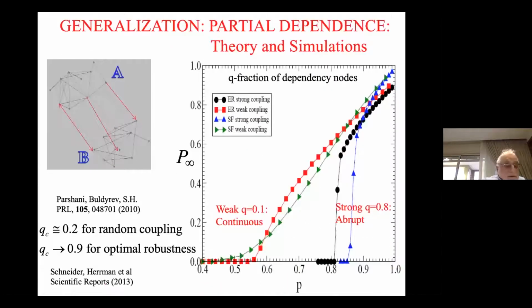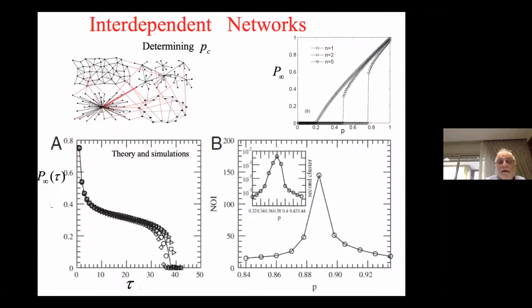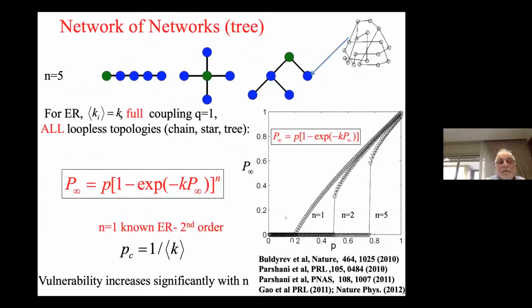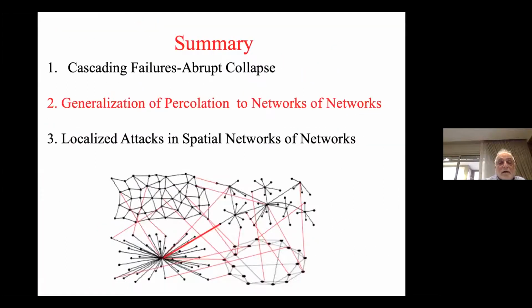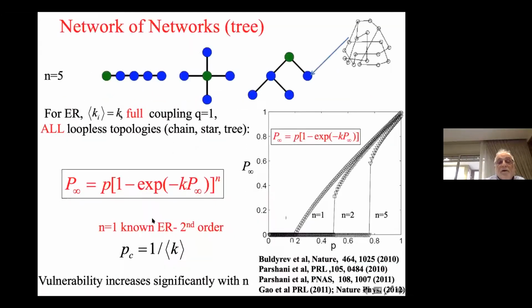Okay, let me just mention that the result that I showed you here was a simplified case where all nodes here depend on all nodes here, and vice versa. But you can have dependency not where all nodes, like in this case, you see some nodes depend, a fraction of nodes.